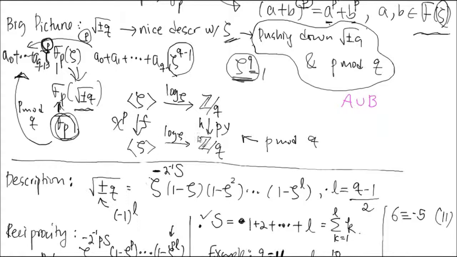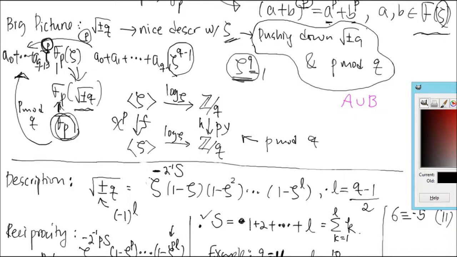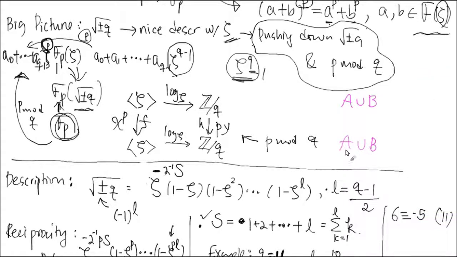A is 1 through L, B is L plus 1 through Q minus 1, the other half of it. And you can see some of them eventually land in 1 through L again. As an integer, P times Y gets bigger, and when you cut it down by mod Q, you have no idea where it's going to land. It could land in A, it could land in B. So there are two possibilities: one goes in there, or the other goes in there.